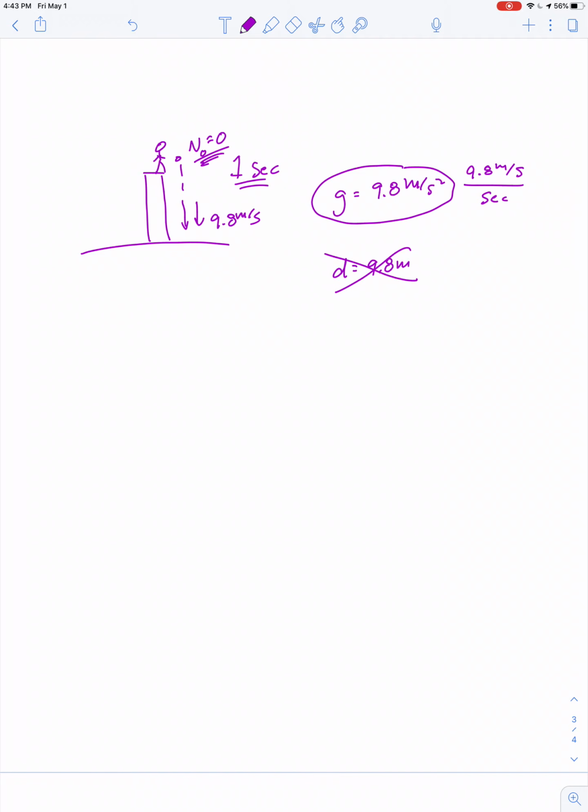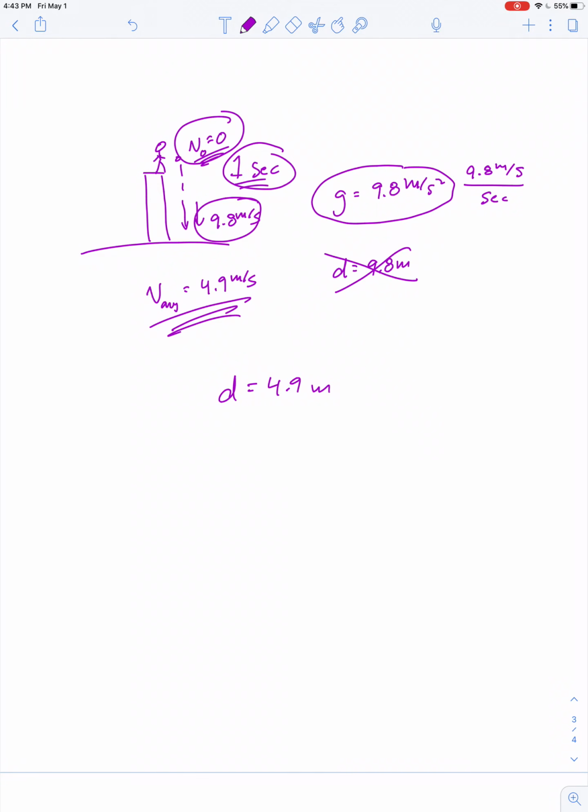So let's look at the average. If you start out with a velocity of 0 and uniformly accelerate to a velocity of 9.8, that means your average velocity was 4.9 meters per second. And if you average 4.9 meters per second for 1 second, the distance would be 4.9 meters. So here's the thing.